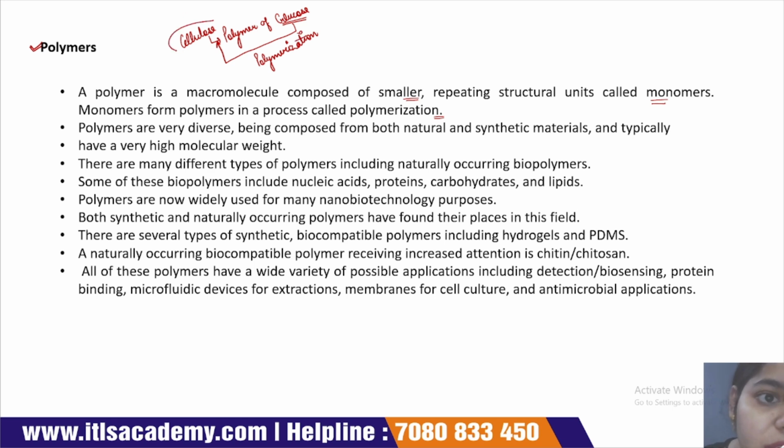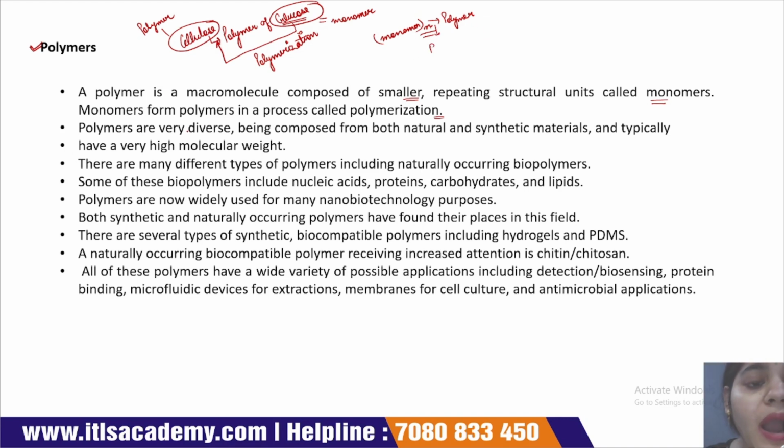And this cellulose is known as a polymer and this glucose is known as a monomer. Whenever n number of monomers join together and form a polymer, this process is known as polymerization.